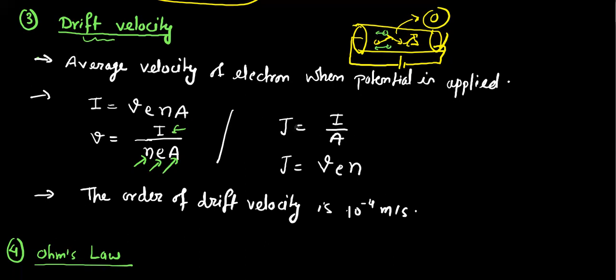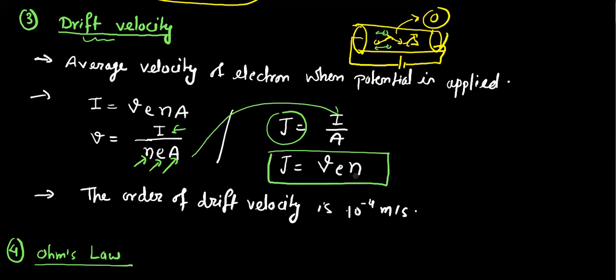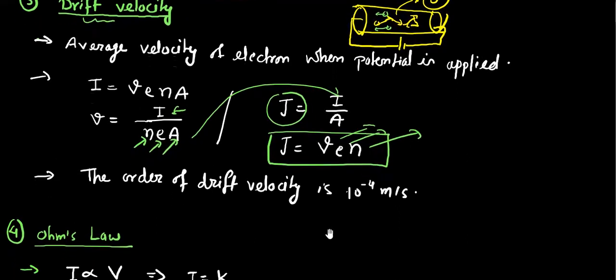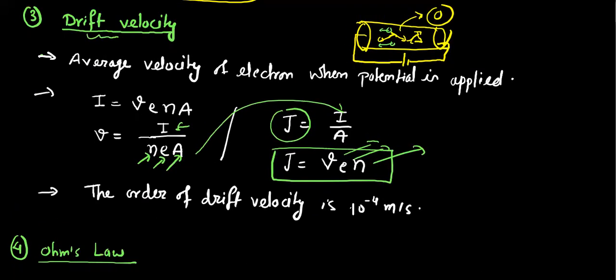The expression for current density is I by A, and using this expression we can easily get J equals v e n: drift velocity, electric charge, and charge concentration. From this formula we can easily say that the value of current density increases with the increase of drift velocity and charge concentration.